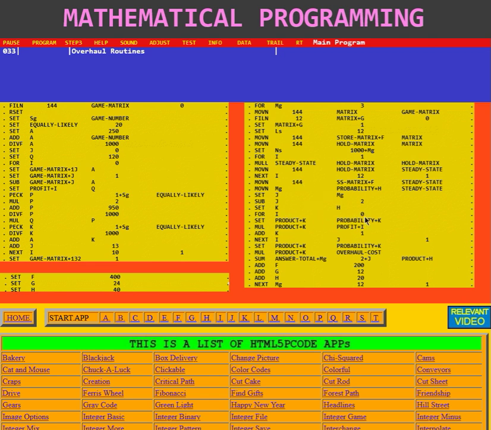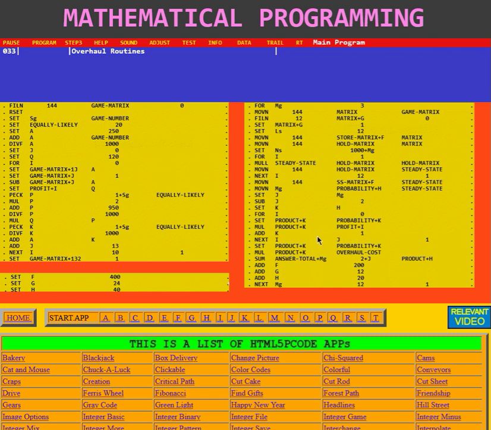So for I of 0 to I of J, one at a time, it's going to take each one of those probabilities from the steady state and multiply it times the profit to get the profit for that particular, in this case, column.